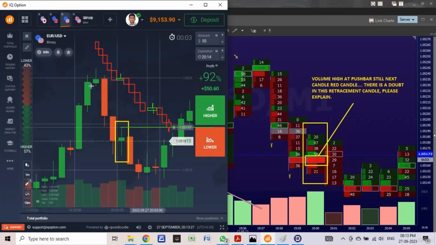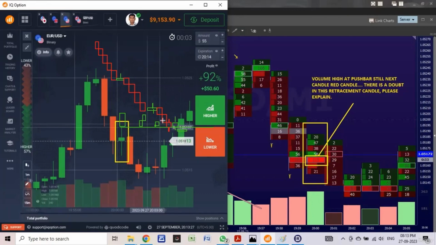If we observe this round number level, we will get so many reversals, the market falls from that point. Again and again the market reversed from this area and goes up. So now the market again came back to that area. After that, buyers entered the market, and this is a push bar.